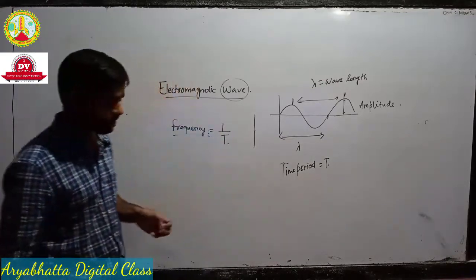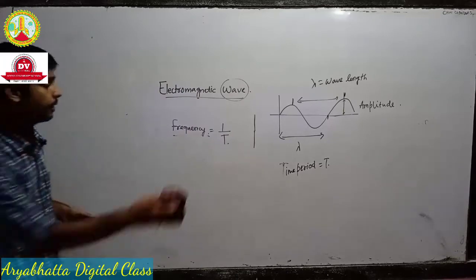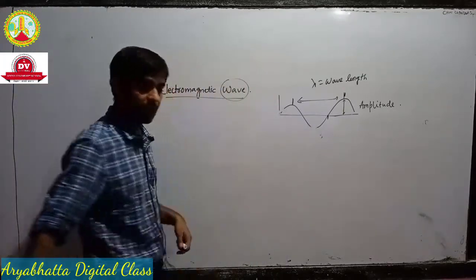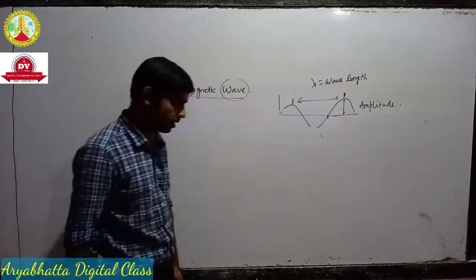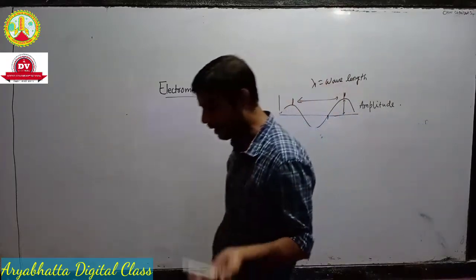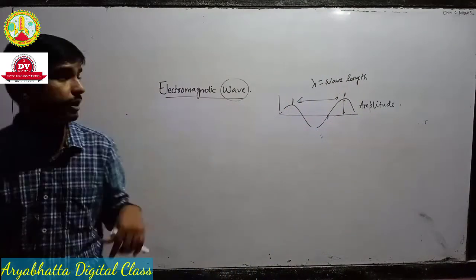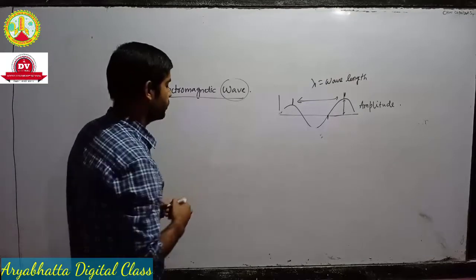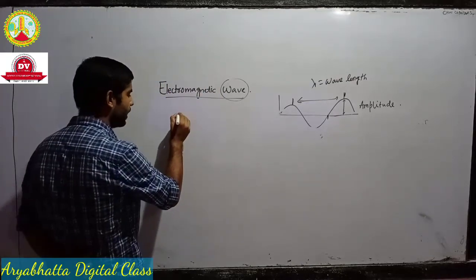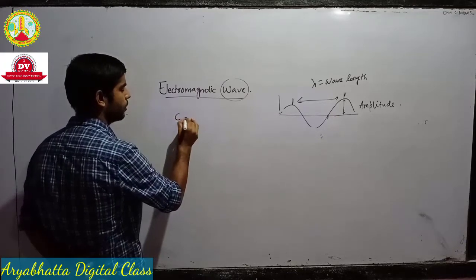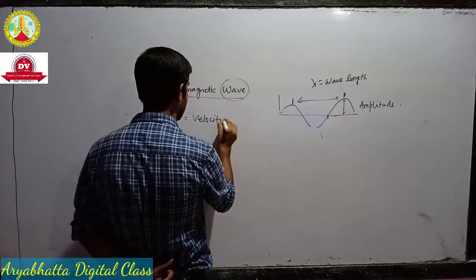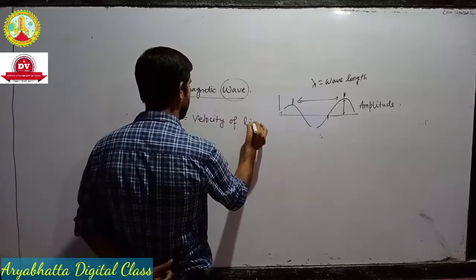Now, in electromagnetic wave, I forgot to tell you one thing. The best example of electromagnetic wave is light. Light is an electromagnetic wave, and electromagnetic wave generally travels with the velocity of light, and velocity of light is known as c. c represents velocity of light.